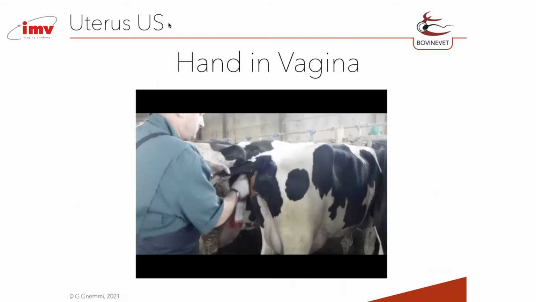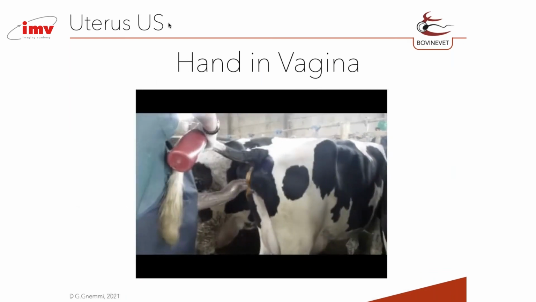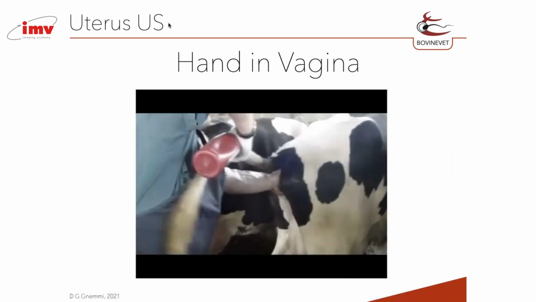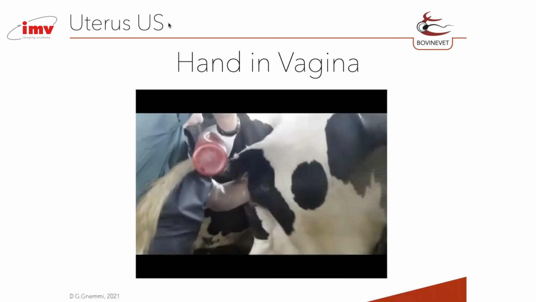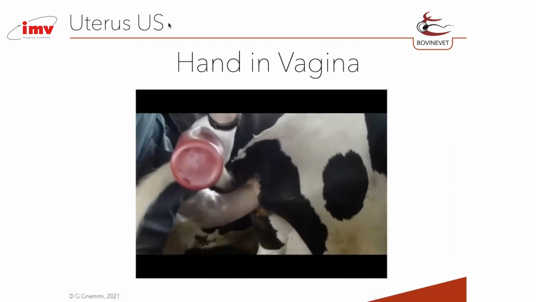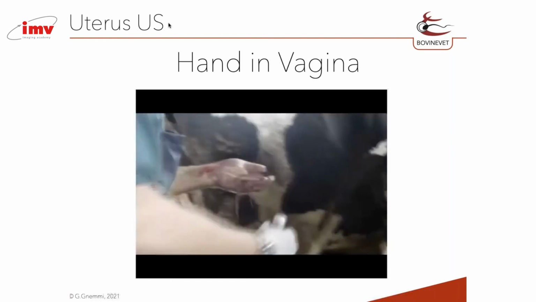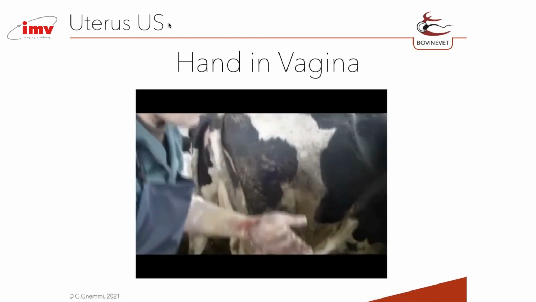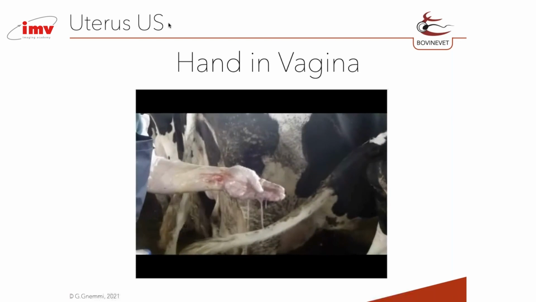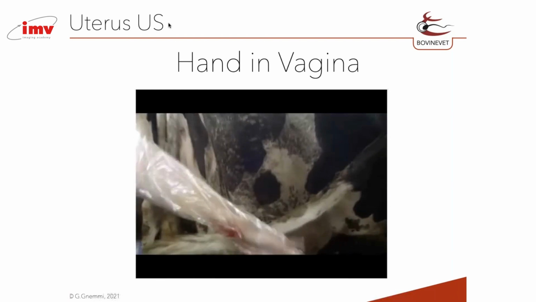Some people like to use hand in vagina. About hand in vagina, well, I am a little bit critical. I believe that it's possible to do this type of diagnosis of perimetritis without putting my hand in vagina. In particular, it is dangerous for those cows who have, for example, vaginal laceration.